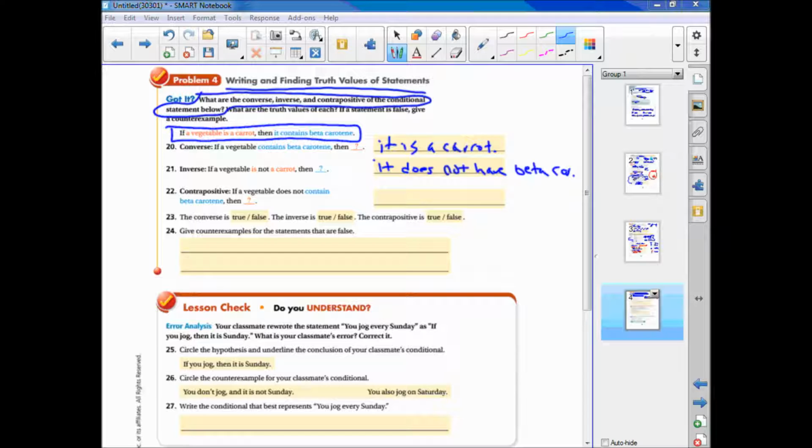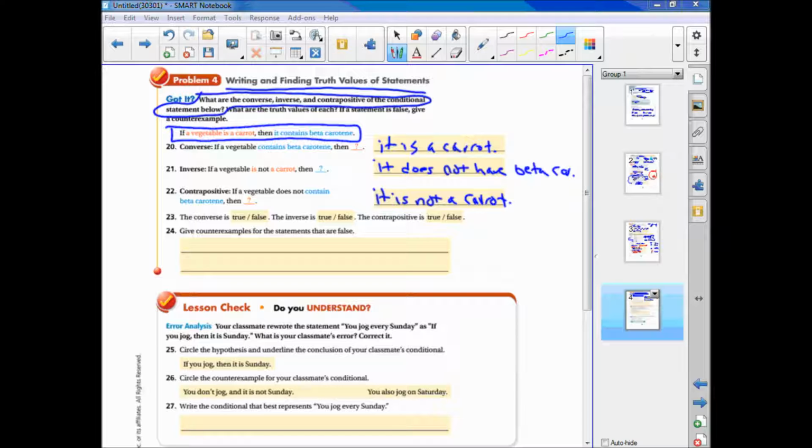So if the vegetable does not contain beta carotene, then it is not a carrot. Okay? So inverse and contrapositives always have the word nots in them, and conditionals and converses usually don't. If the conditional starts with a not, though, then we have to flip that around. Okay, we'll see that in our classwork next time.